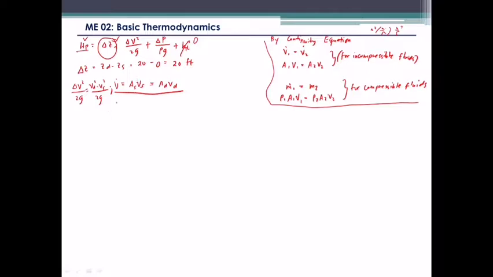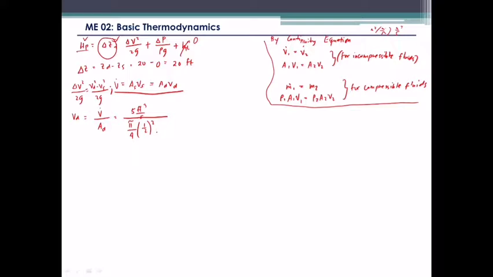So, let us have first VD. VD is equal to the volume flow rate over the cross-sectional area at discharge. So, we have 5 cubic feet per second over the cross-sectional area, pi d squared over 4, pi times the diameter at discharge, which is 1/2, squared.